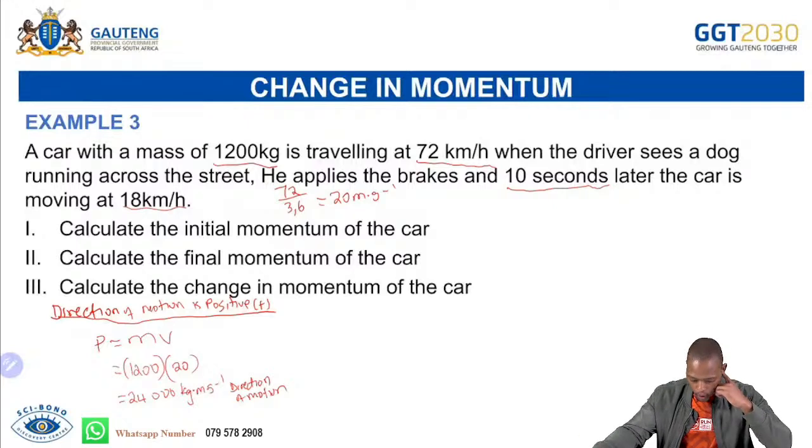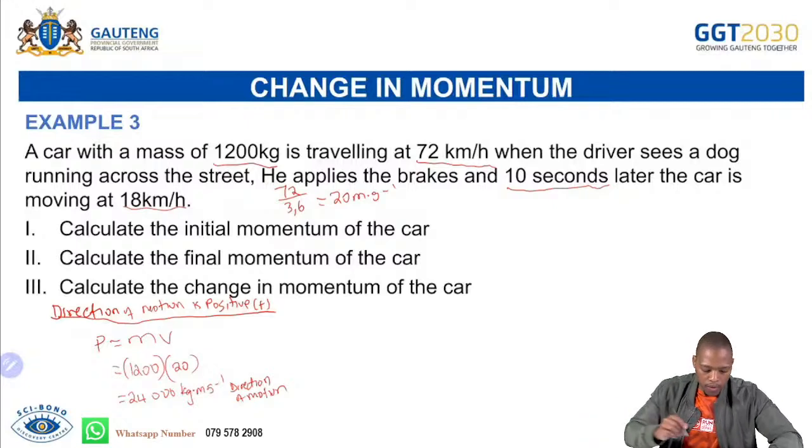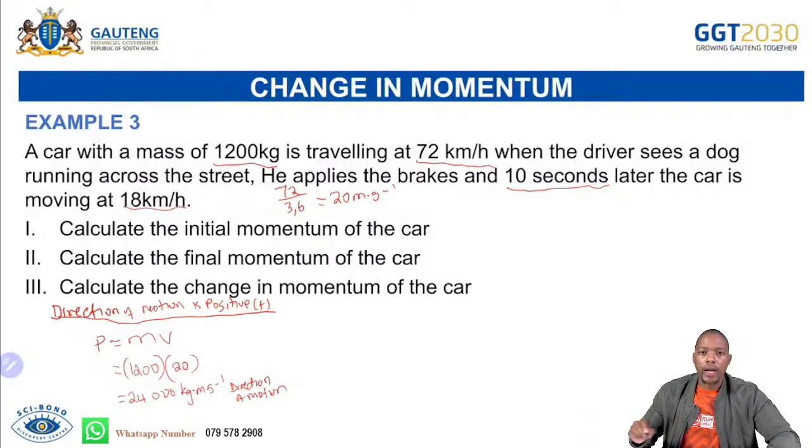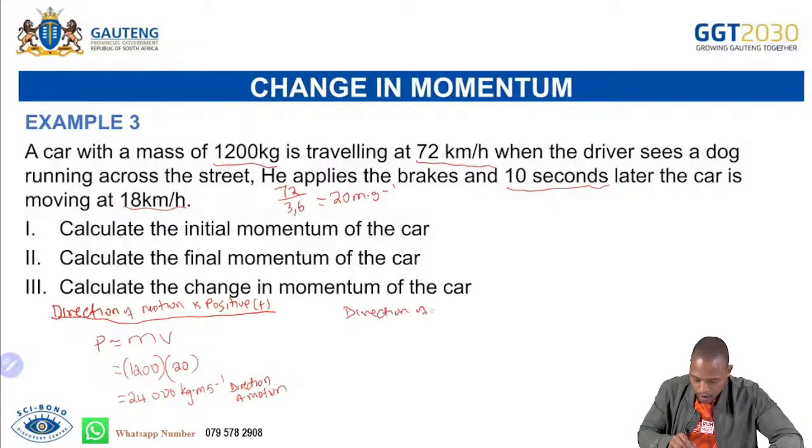Number 2, calculate the final momentum of the car. The final momentum of the car is when the car is now moving at 18 kilometers per hour. Okay, so again, I have to take direction of motion as positive, and underline every time you take the direction.